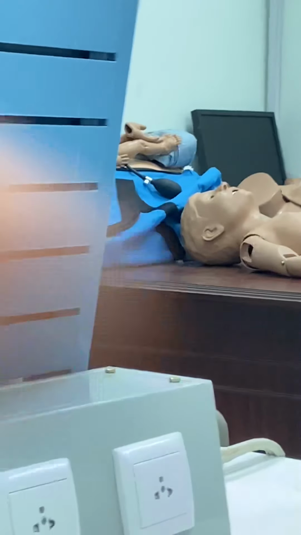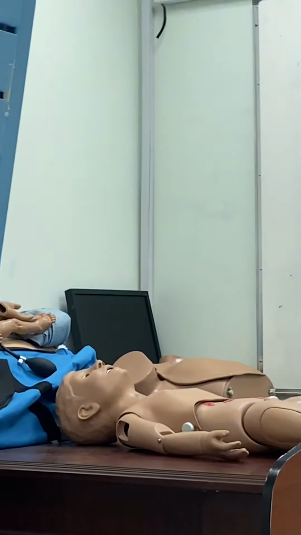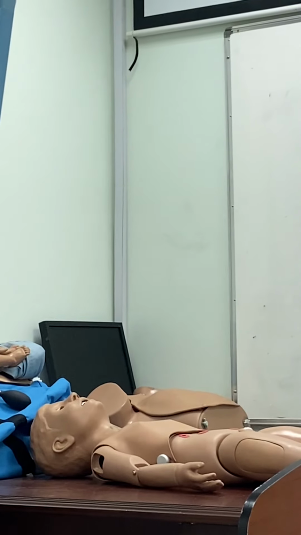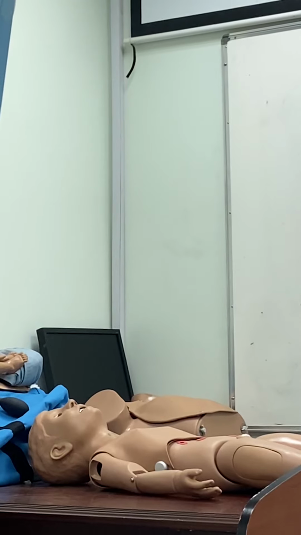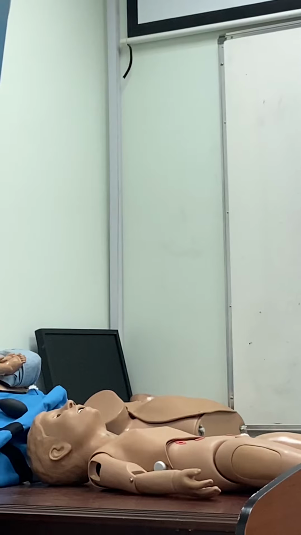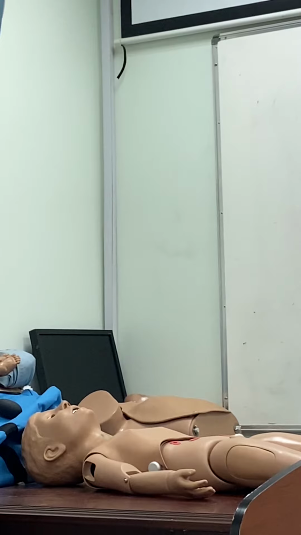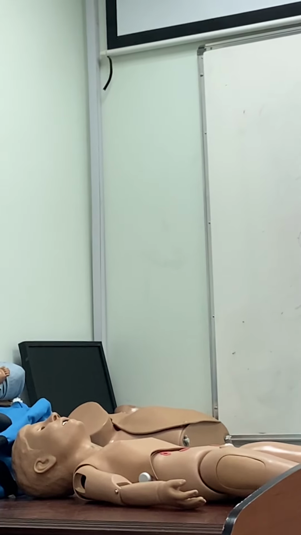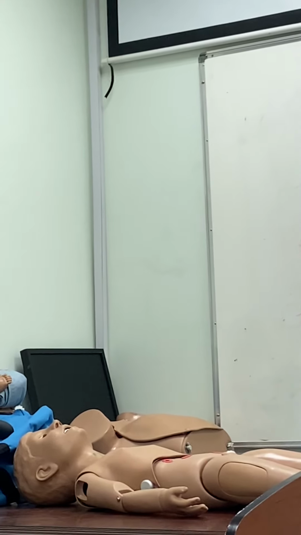Apply the cuff of the sphygmomanometer to the brachium of the patient. Make the arm at the level of the heart, check the brachial pulse, and start inflating the cuff while you are still feeling the pulse till the pulse disappears. When it completely disappears, increase 20 to 30 mmHg more, then put your stethoscope and start slowly deflating the cuff.